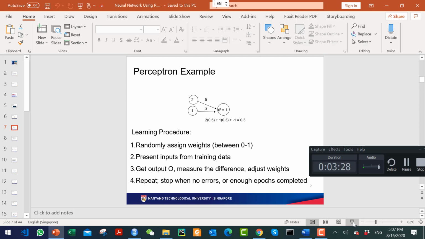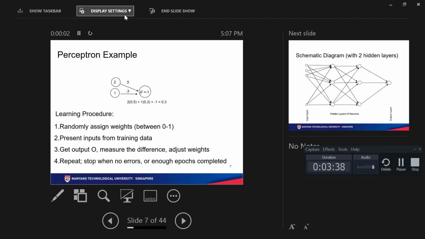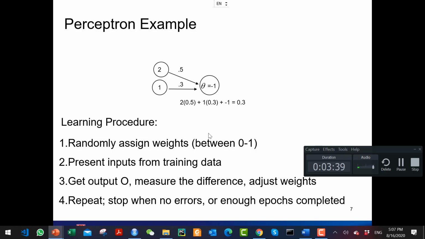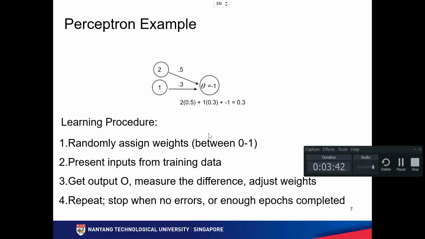With that, you have 2 times 0.5, which is the weight, followed by 1 times 0.3, which is the weight. Then you subtract 1 as the bias. So this is a perceptron. A typical neuron is a perceptron, evolving from here.